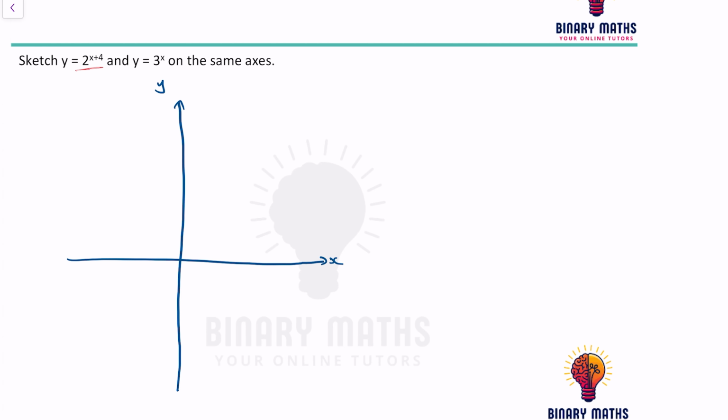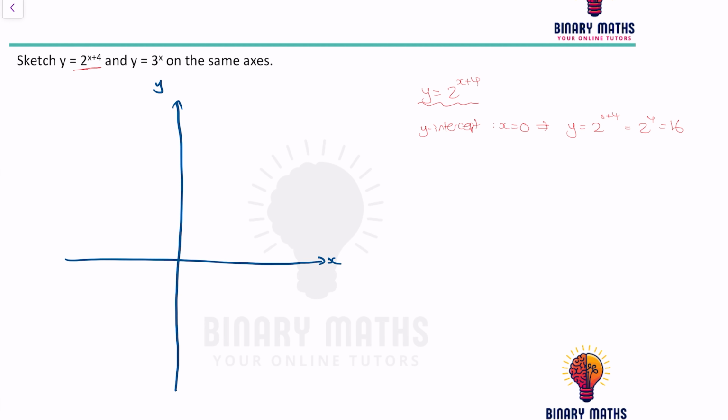So for y = 2^(x+4), the y-intercept is when x = 0, which implies y = 2^(0+4), which is equal to 2^4, which is 16. So it goes through 16.